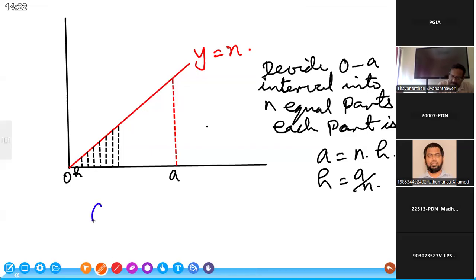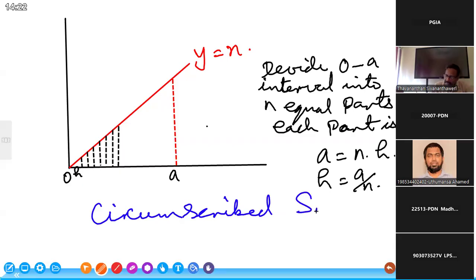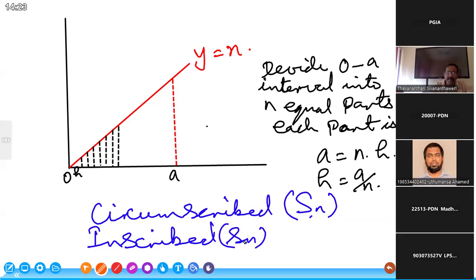Called the circumscribed method, I'll put it as capital SN, and the inscribed method, indicating simple sn.